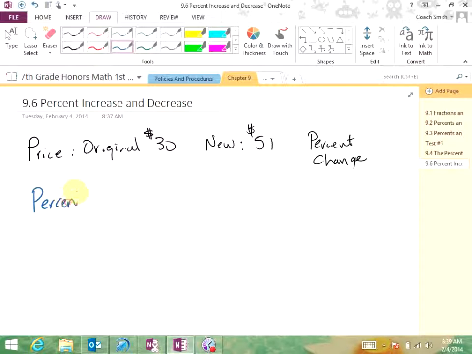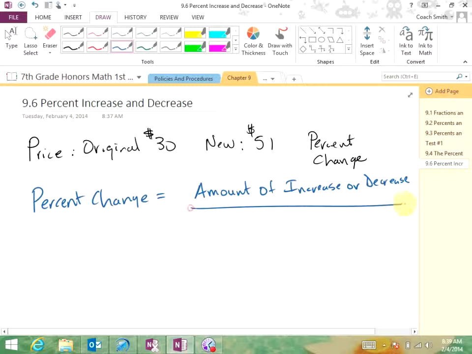The percent change is equal to the amount of increase or decrease over the original amount.